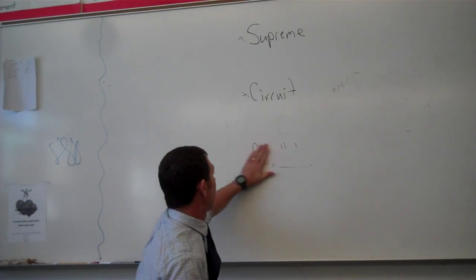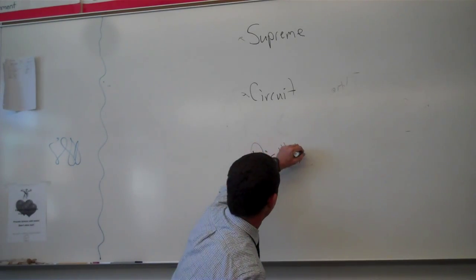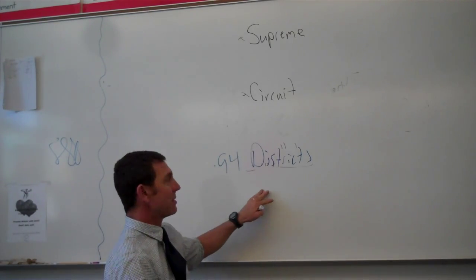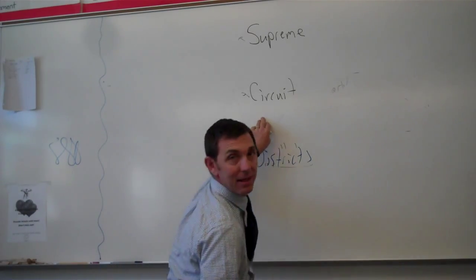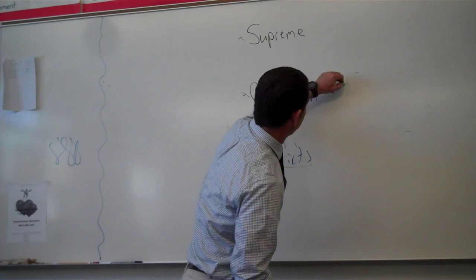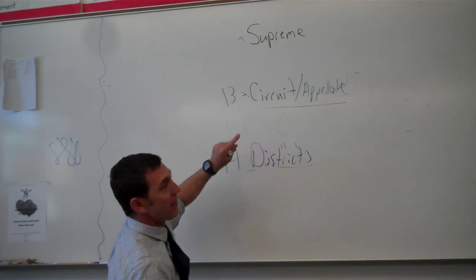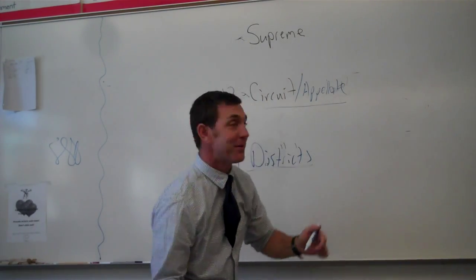We have the district courts, of which there are 94, and this is the entry level for the federal court system. The next level are the circuit courts or appellate courts, and there are 13 circuits of appellate courts. And then finally, at the top, the Supreme Court, of which there's only one, of course.